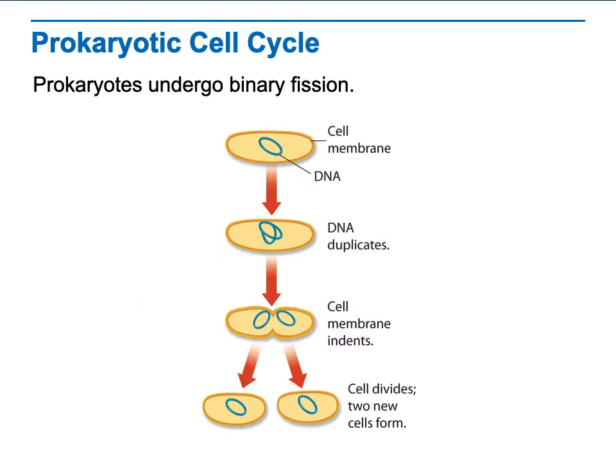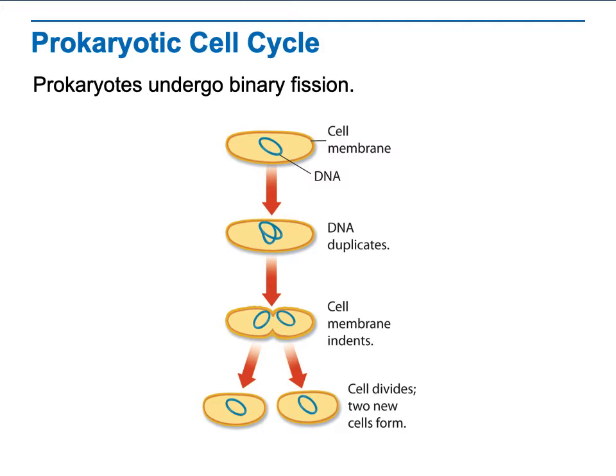Okay, so the prokaryotic cell cycle is binary fission. They undergo binary fission through a series of steps, as you can see in this diagram. Most prokaryotic cells begin to duplicate their DNA once they have grown to a certain size.